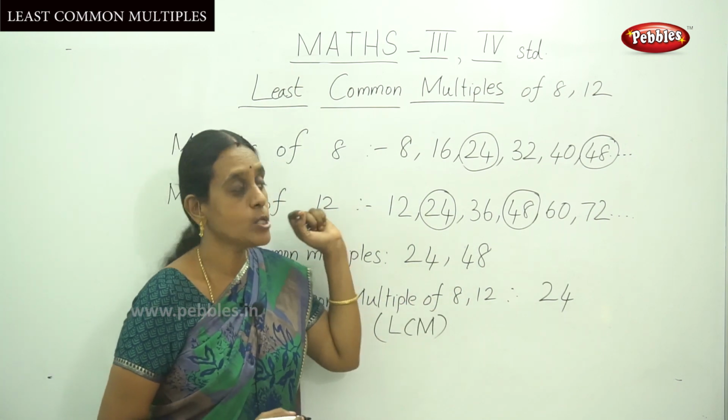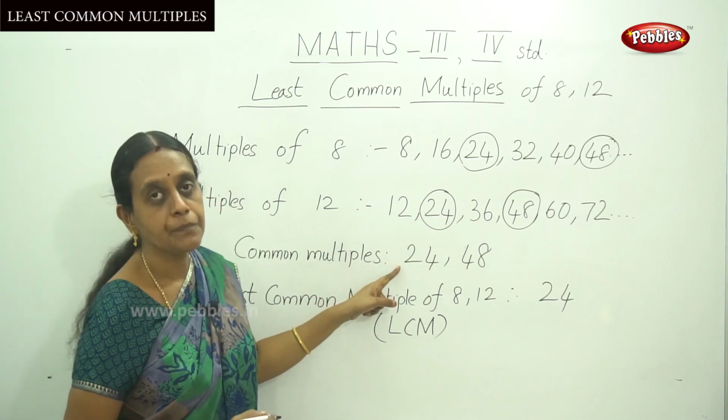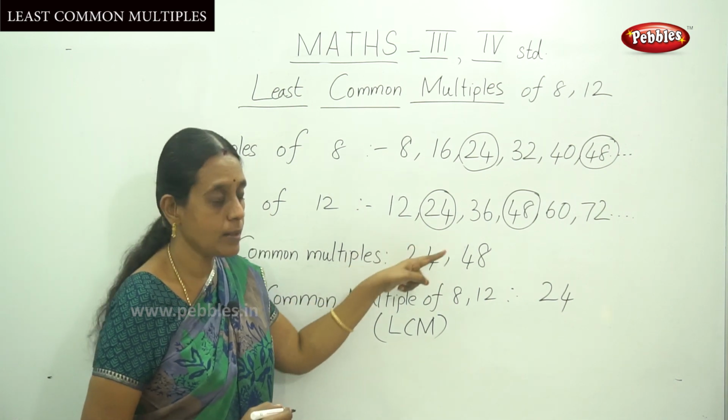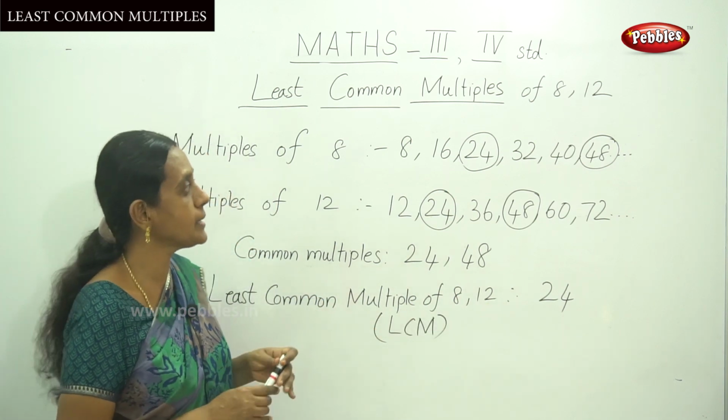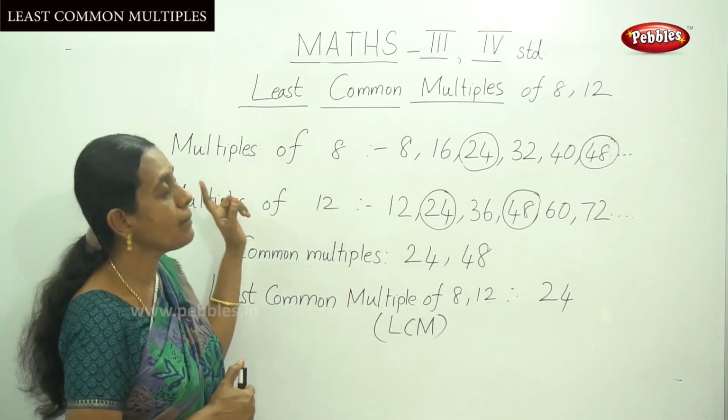The answer is 24. LCM is the short form of least common multiple. So the LCM of 8 and 12 is 24, because the least number of these common multiples is 24.